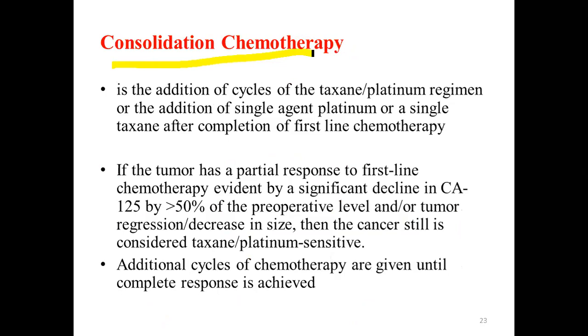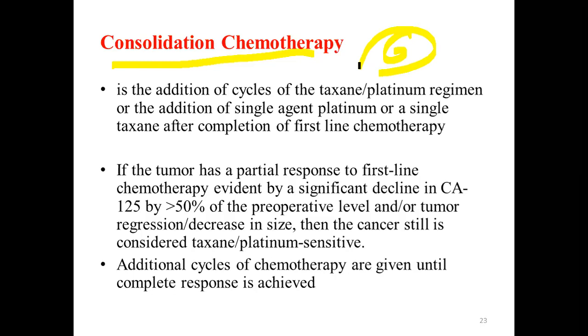So we have given the chemotherapy, taxane platinum. Then this is usually considered after we have given the first courses of the treatment, like 3 to 6 cycles and mostly 6 cycles. But if the patient is having a partial response, there is a consideration to give consolidation therapy to achieve complete remission.